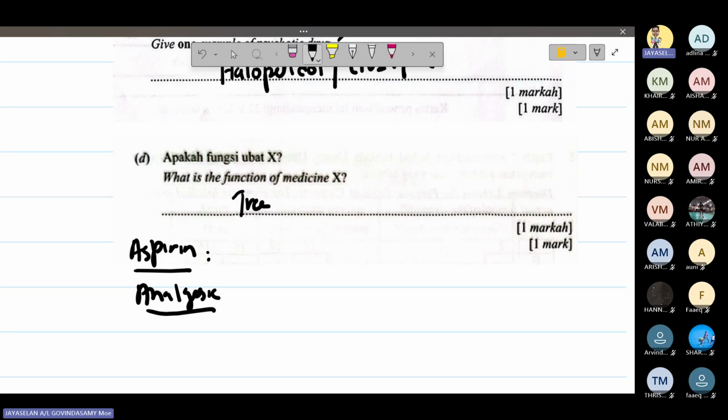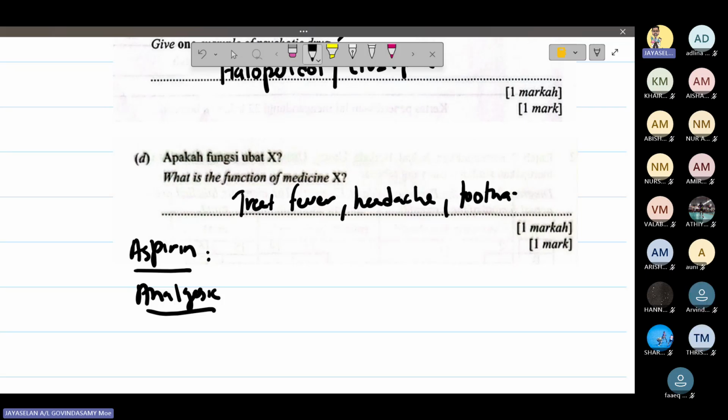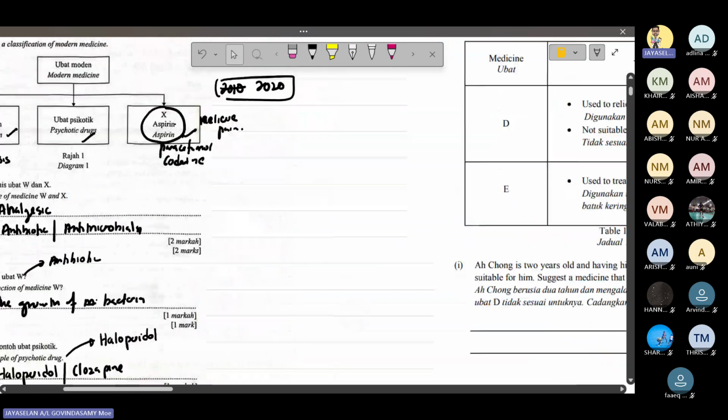Aspirin is used to treat what? Treat fever. You can put headache, or you can put toothache also. So it is used to treat fever, headache, or toothache. Any one answer. Any question? No question. So this type of question you must get full marks.